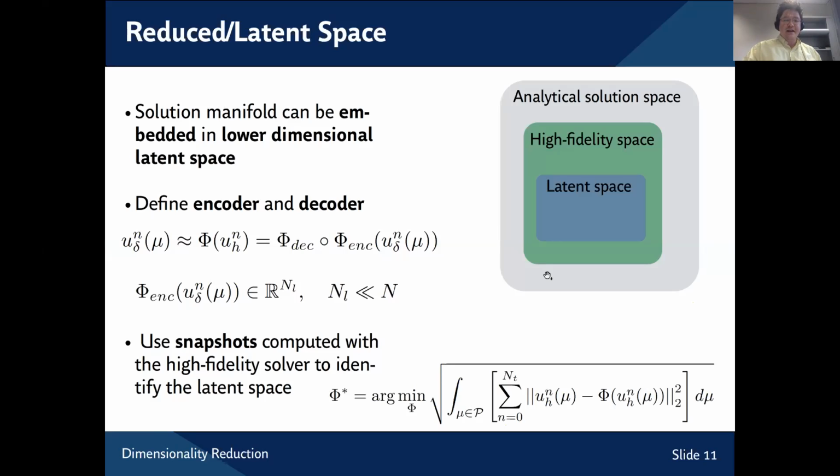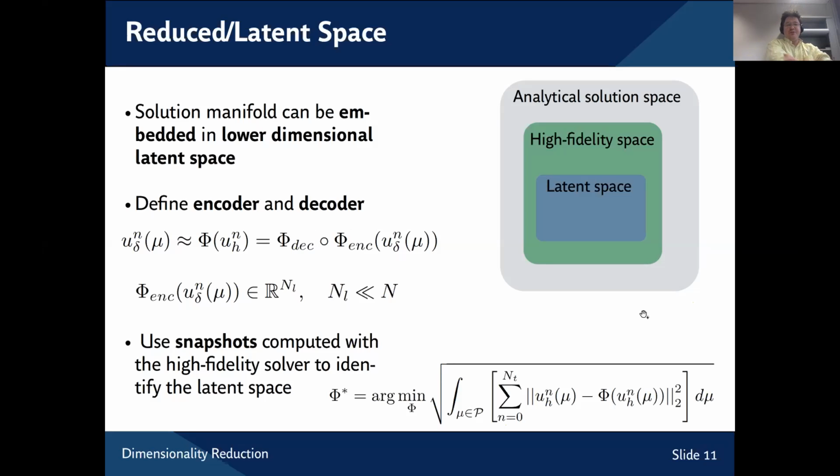The idea is that you define an encoder and a decoder. The encoder takes in a high fidelity state and encodes it into the latent space, in which you can then do computations. But of course, the encoder is not worth much if you can't get back to the high fidelity state. So you also need a decoder. In an ideal setting, those two will be inverse of each other.